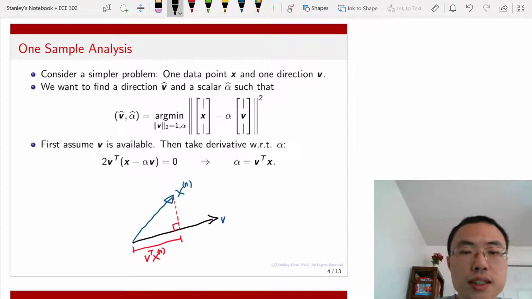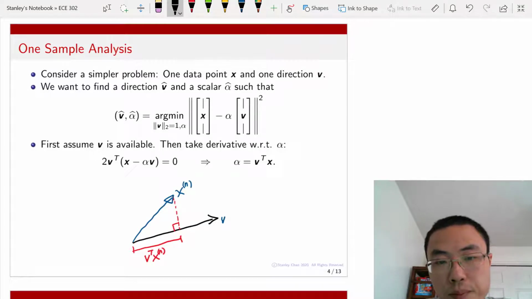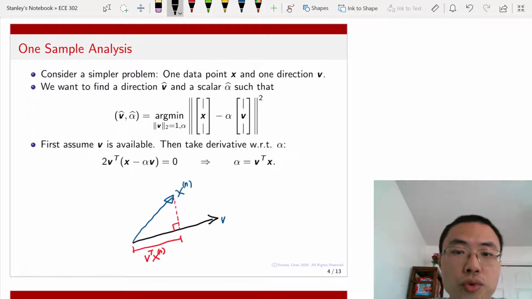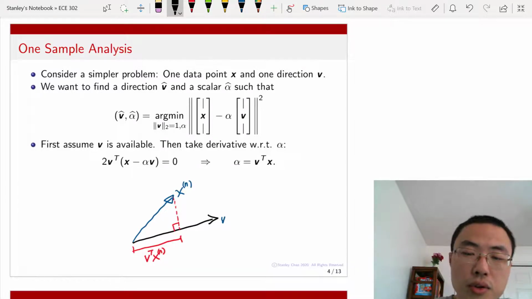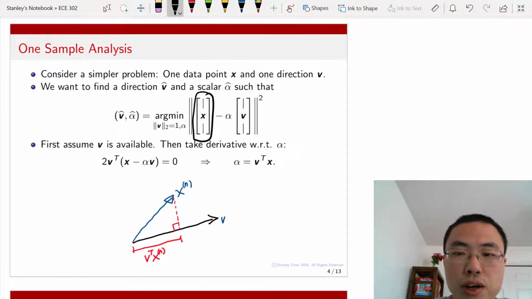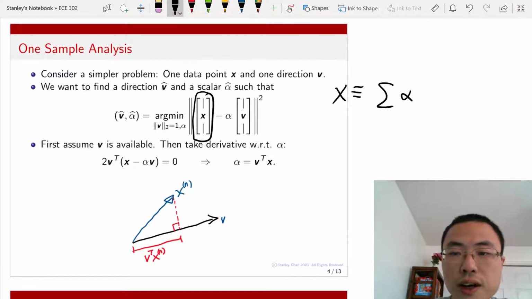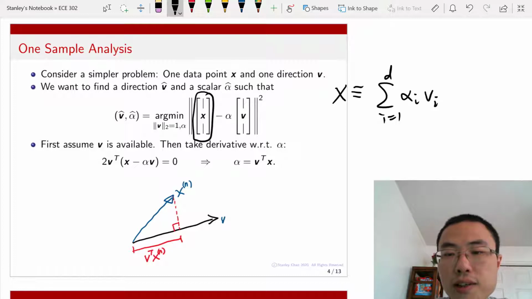Let's consider the simplest possible setup where I give you one data point and then I ask you to find the principal direction. In other words, I have a vector x here, and I ask, how can you solve this problem where x is approximately equal to the summation of alpha i times vi, i going from 1 to p. I give you x and you need to find alpha and v.